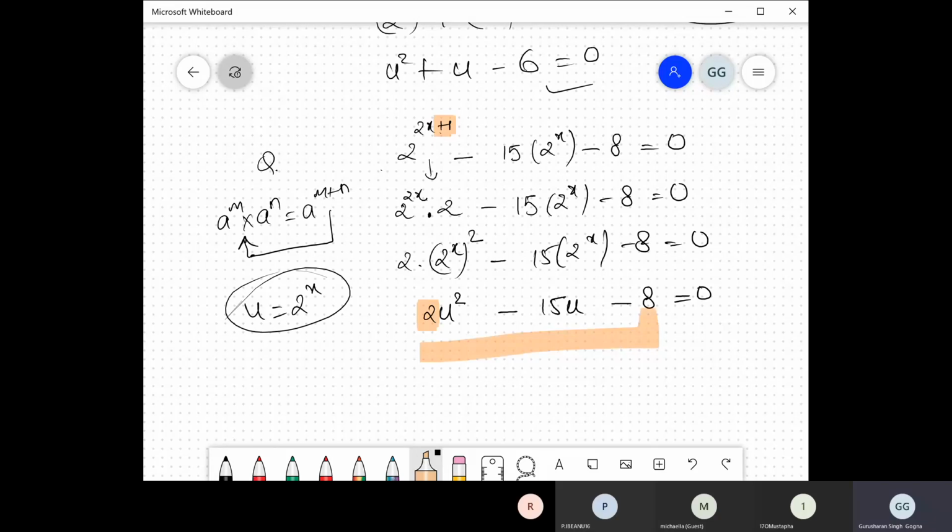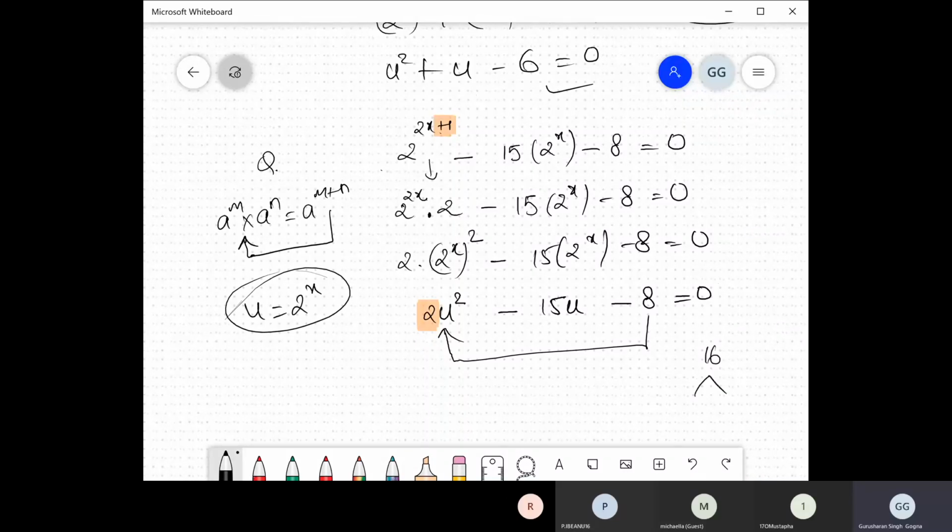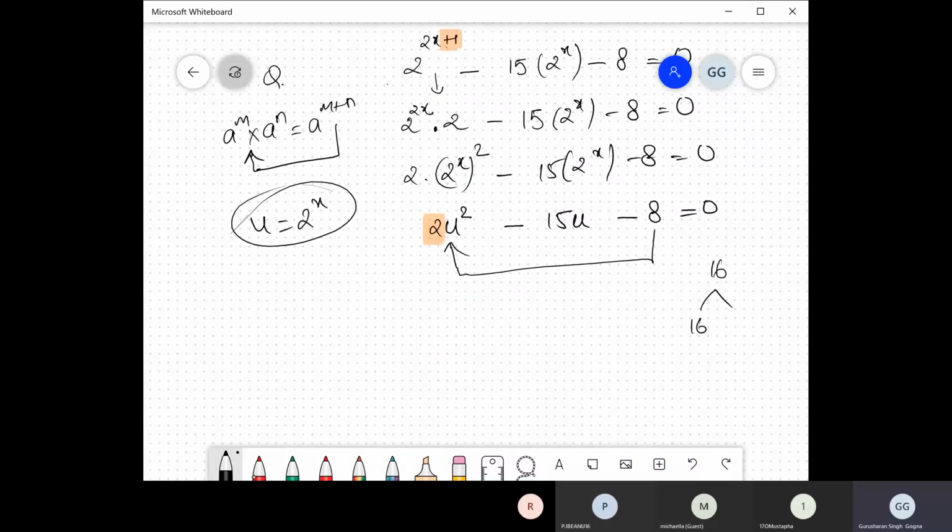So 8 multiplied by 2 will give you 16, and factors of 16: 16 and 1. I don't need to use other factors, because I know that minus 16 plus 1 will give me minus 15 here. Okay, so that's fine. But since I have 2 here, I need to properly solve this quadratic to get the right answer.